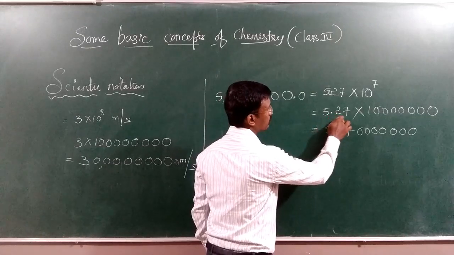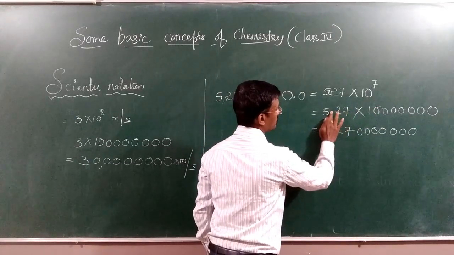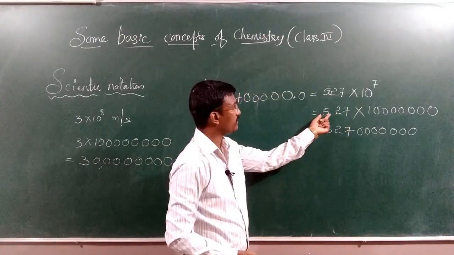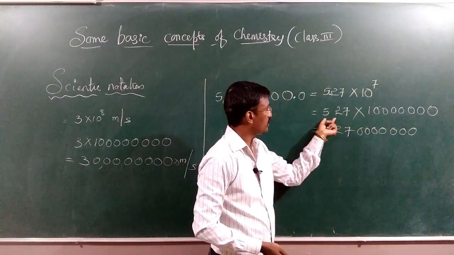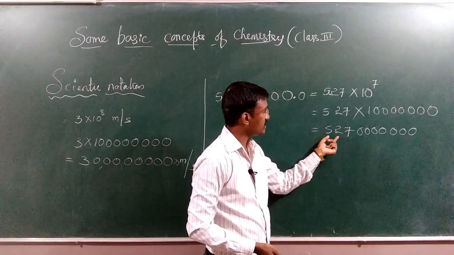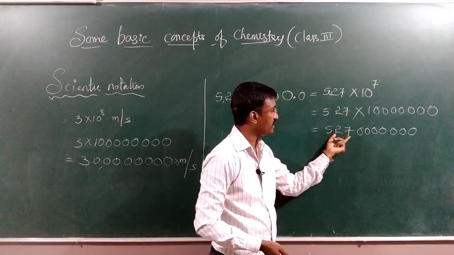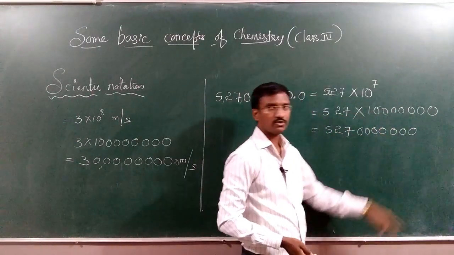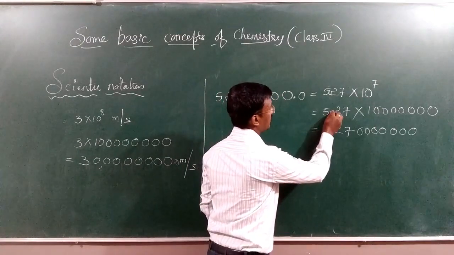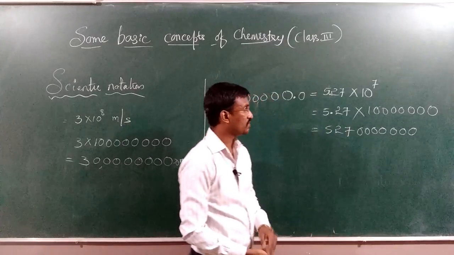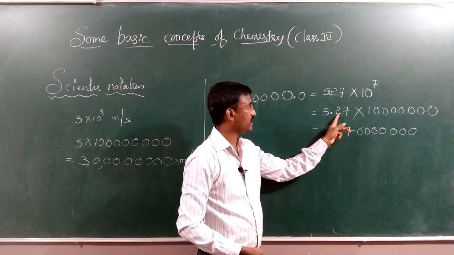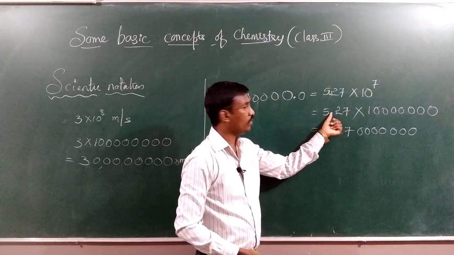If it is not there, 5.27 into these 7 zeros of 1 will be the same value, 527 into 1 as it is. The number of zeros are 7, here also 0. If the point is there, it is after two decimals from the right side.